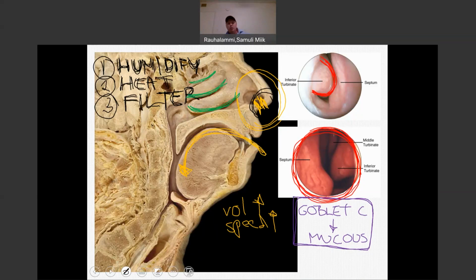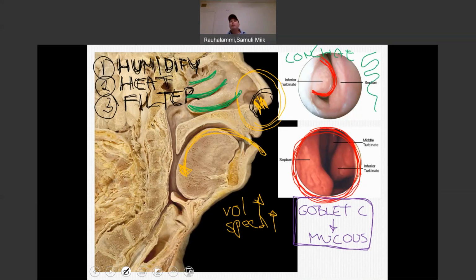We mentioned them as turbinates earlier on, but now we're going to call them conchae. And these conchae serve two different purposes. You'll notice they come out from the lateral walls of the nasal cavity as these bumps.